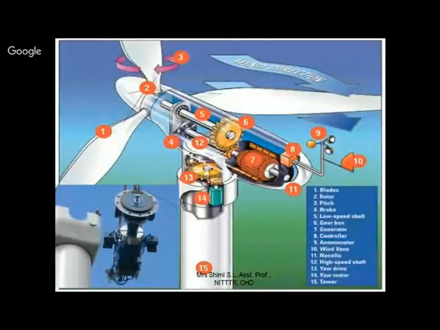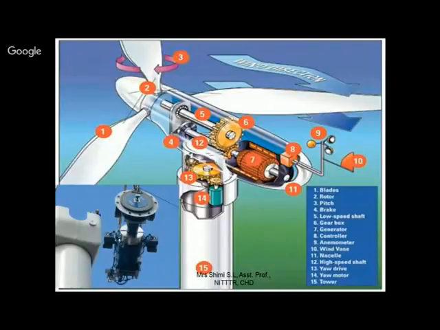Here you can see this is a horizontal axis wind turbine. Nowadays a lot of research is going on in wind turbines, and now we say they are intelligent wind turbines, because depending on the wind direction and wind speed, they change their yaw and they change their pitch.